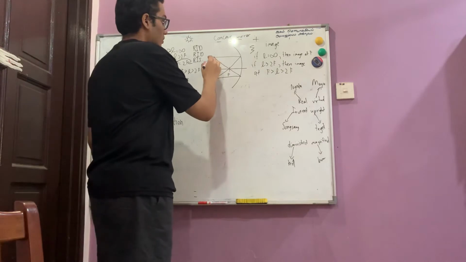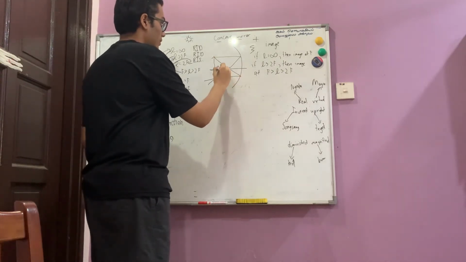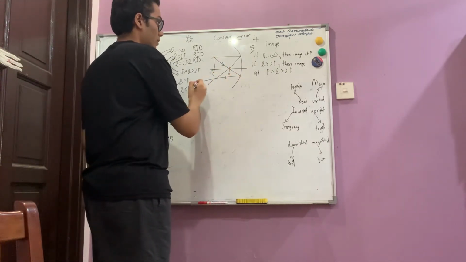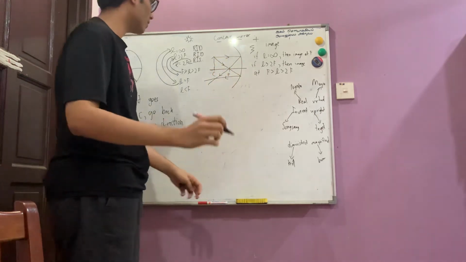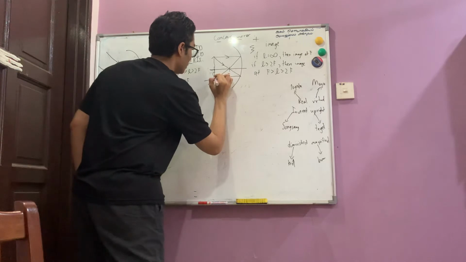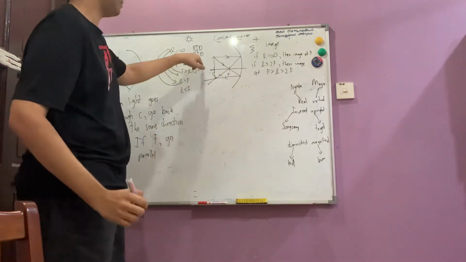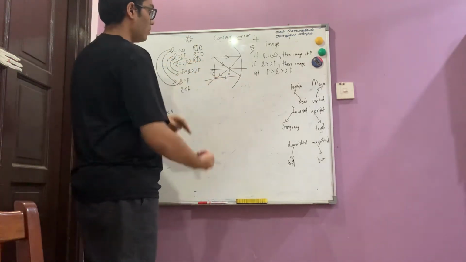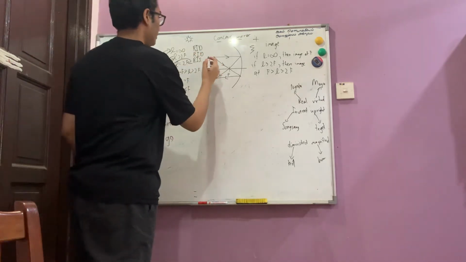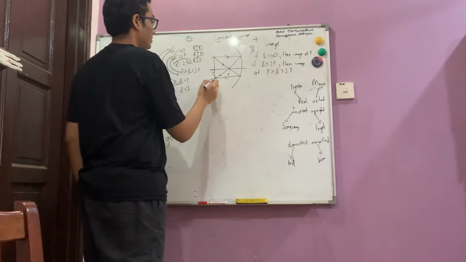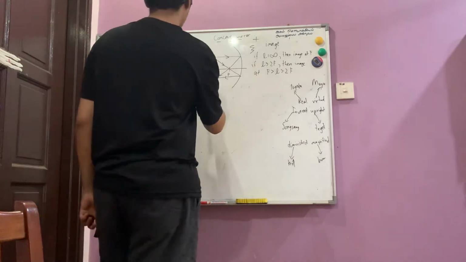So that'll go to F, go like this, go to F, go like this. Then you draw one more like this and go like this. That's all. Then you have an image here. The image is the same size, but my drawing is not that good, so it's smaller. But I say: real, inverted, same size.